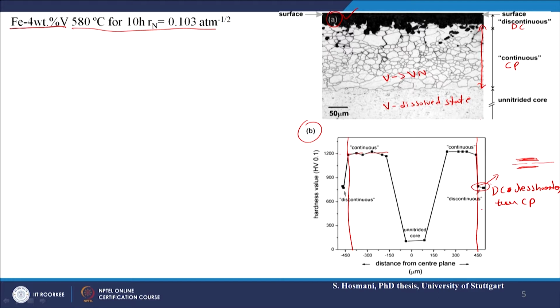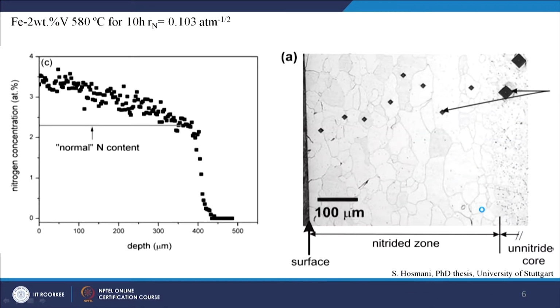Okay. So, now if we move on to the comparison with a similar situation like in iron chromium. In this case it is iron 2 weight percent vanadium, again these are the nitriding conditions. What you see is also a so called excess nitrogen, okay.